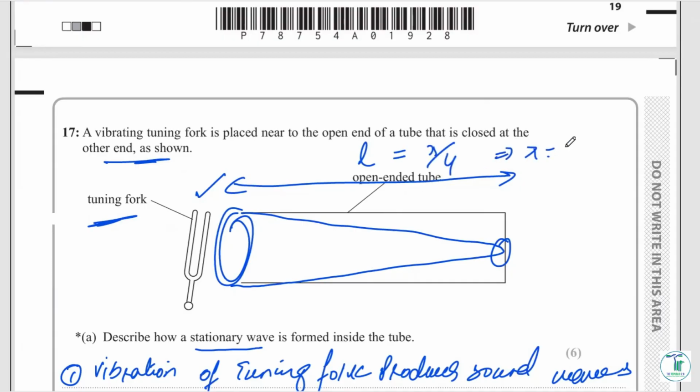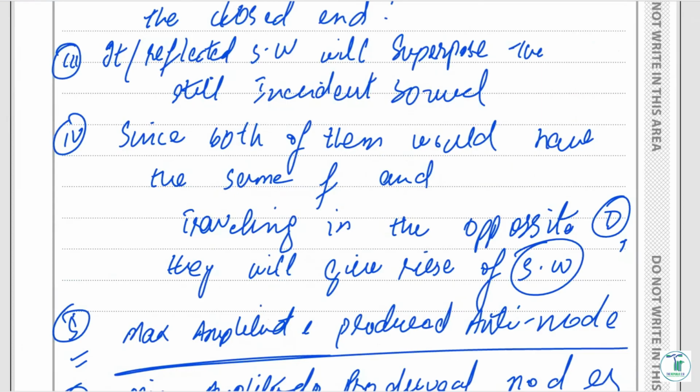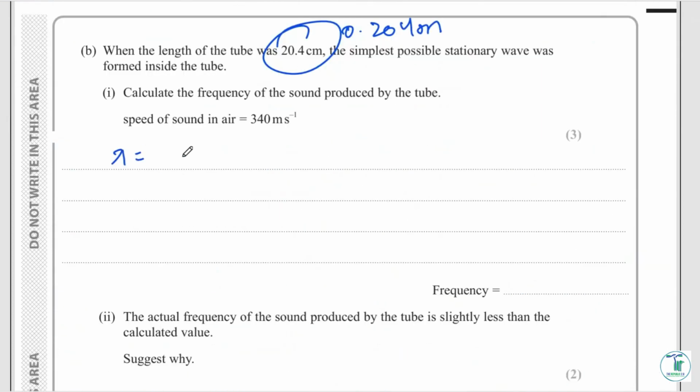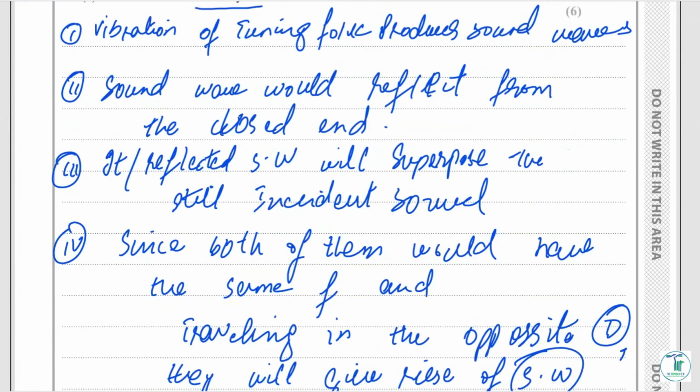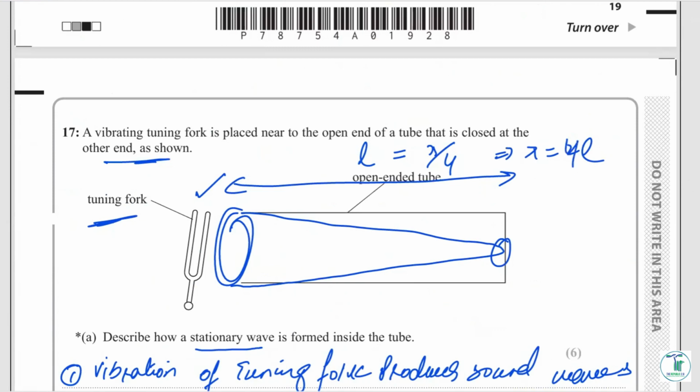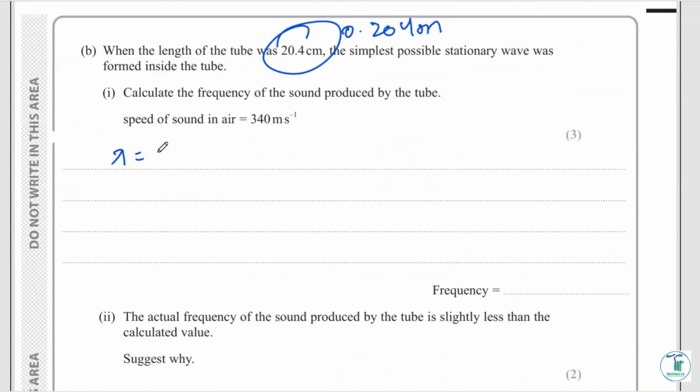So the wavelength comes out to be 2L, sorry, not 2L, it has to be 4L, because 4 is going to multiply on both the sides. So 4 times L, that's 4 times 0.204. After multiplication, I'll be getting 0.816 meters, right?